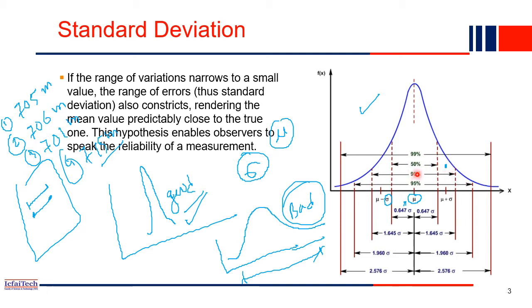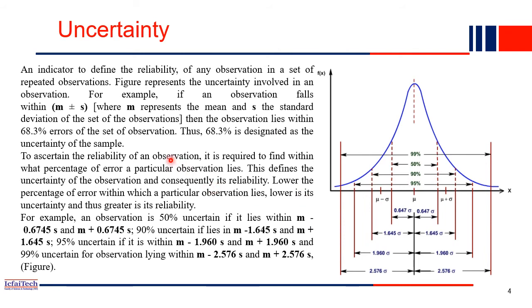If you get any value very near to mu, that means you can tell it is a very accurate value. So based on the standard deviation and the mean value, we can classify whether the reading is good or bad.